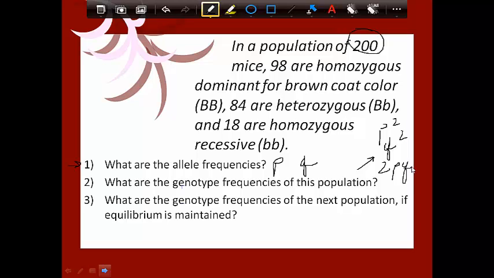And then what are the genotypes of the next population if equilibrium is maintained? All right, so this is the type of problem that you're going to have to work through for this Hardy-Weinberg situation. The allele frequencies are going to be your first ones that you need to find, and in order to do that, we're going to do a percentage calculation again. So we'll get to that in just a second here.